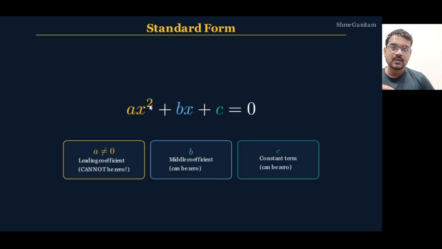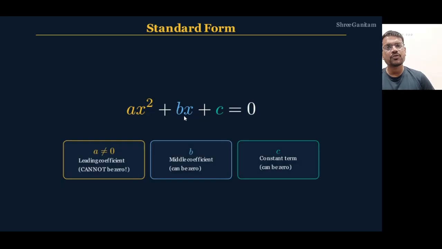It becomes bx plus c, which is linear, and we need a quadratic equation, so it can't be. If a becomes 0, then we can't say anymore that this is a quadratic equation. So a can't be 0. It can be any real number other than that.